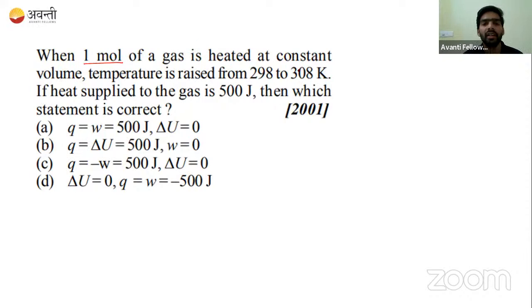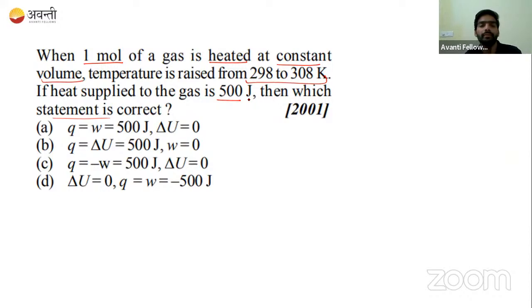Heated at what? A constant volume. And then the temperature is raised from 298 Kelvin to 300 Kelvin. This is another point to be noted. And then if heat supplied to the gas is 500 joule, which statement is correct? Heat supplied is how much? 500 joule. So what is going to be the answer?